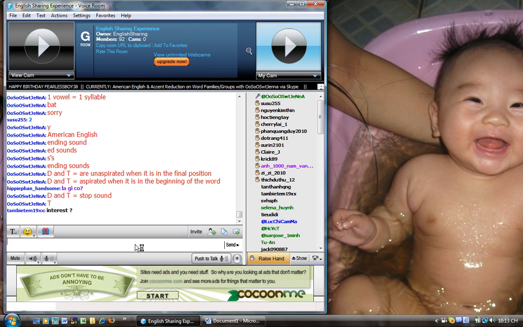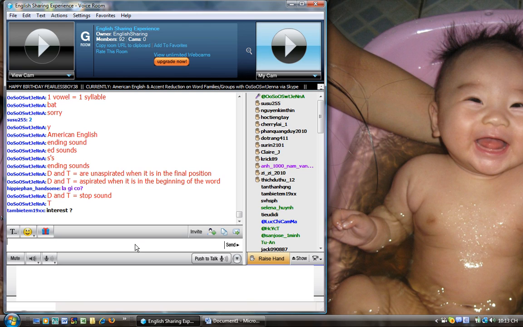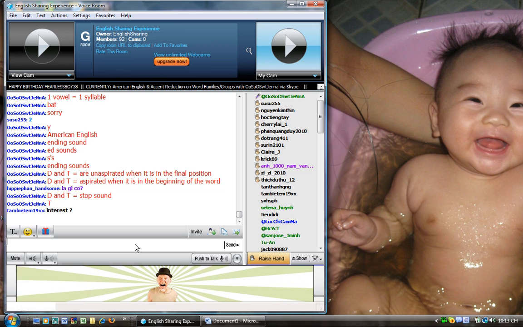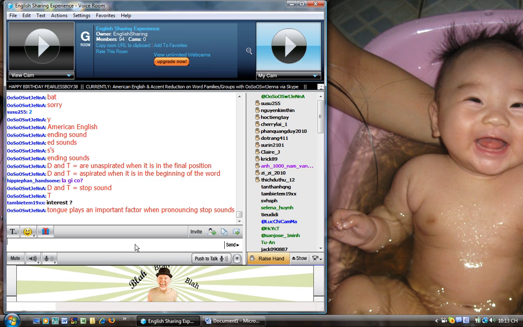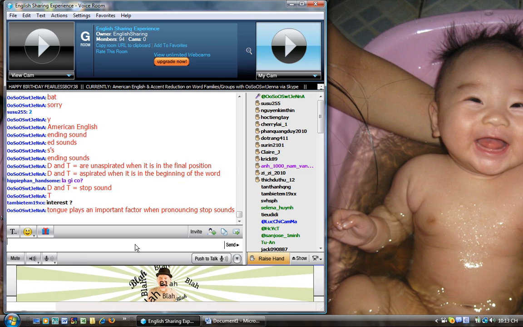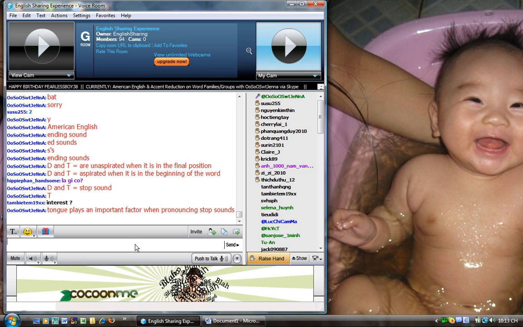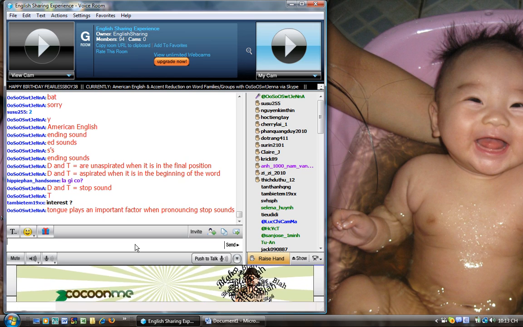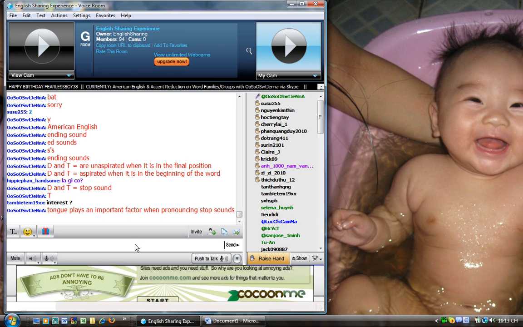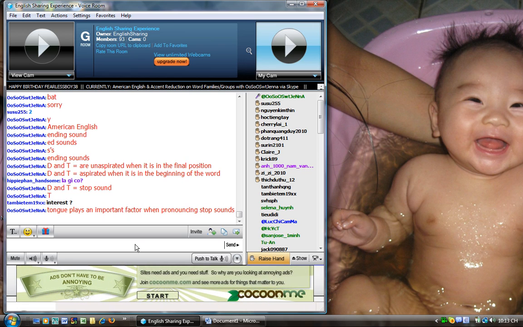So your tongue plays an important role when pronouncing stop sounds. Okay? Stop sounds. So, a recap: why is it so important to learn what vowels and ending sounds are? Well, it will help your pronunciation, okay? For those of you who don't know what they are, I recommend that you go back and review.